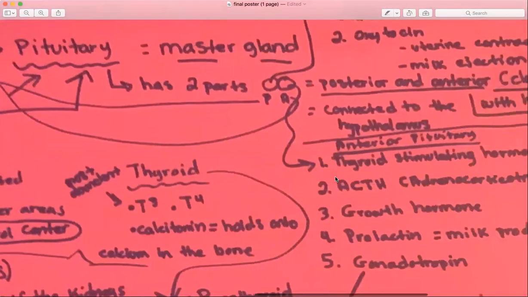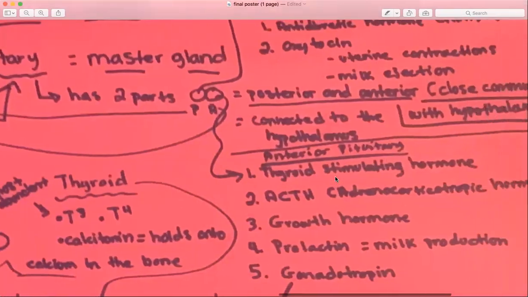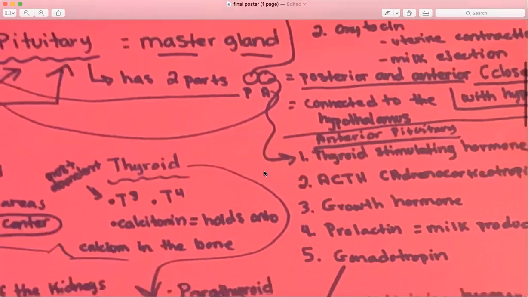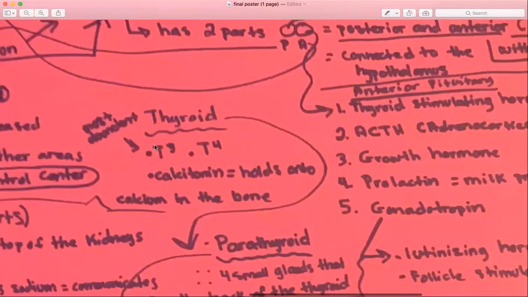Then it tells my thyroid stimulating hormone to stimulate. So my thyroid is now stimulated, and it's telling me to do something, more than likely to release more T3. That is what we would call a cascade.